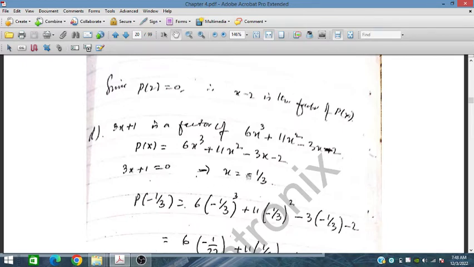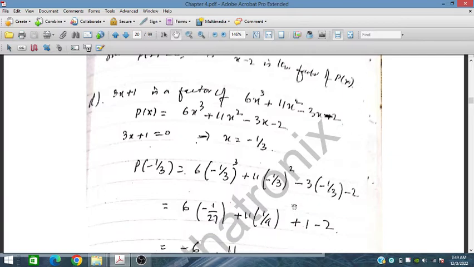So x is equal to minus 1 upon 3. So in place of x, we will write minus 1 upon 3. See P(x), we have to place x. So in place of x, we will place this minus 1 upon 3. In polynomial, in every place of x, we will place minus 1 upon 3.